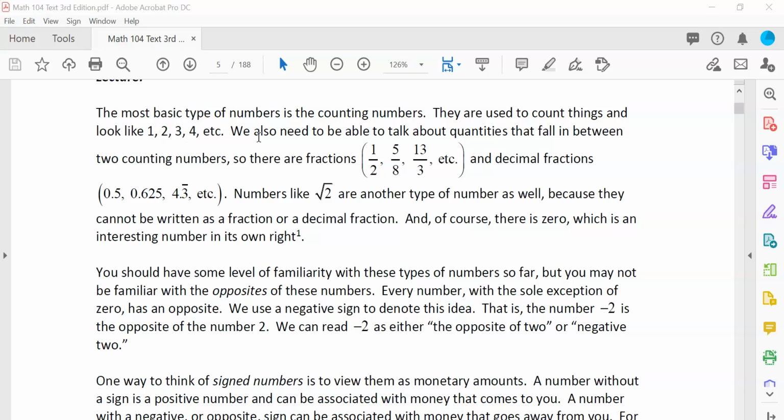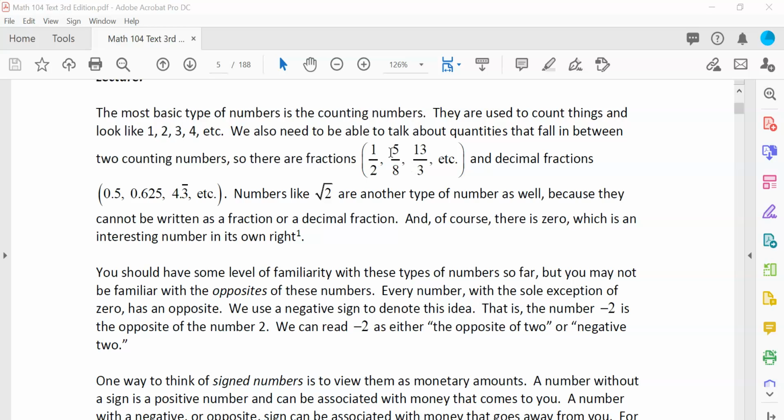And then we can also talk about quantities that fall between two counting numbers, like fractions. Fractions like 1/2, 5/8, 13/3. 13/3 is an improper fraction because the top of the fraction is bigger than the bottom. We call that an improper fraction whenever the numerator, that's the top part, is bigger than the denominator, that's the bottom part.